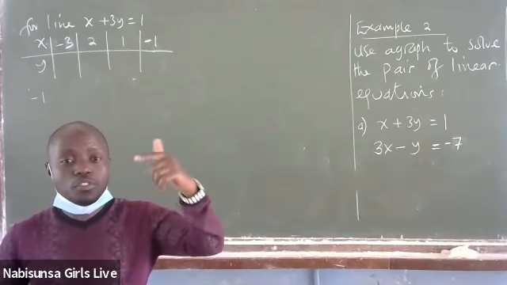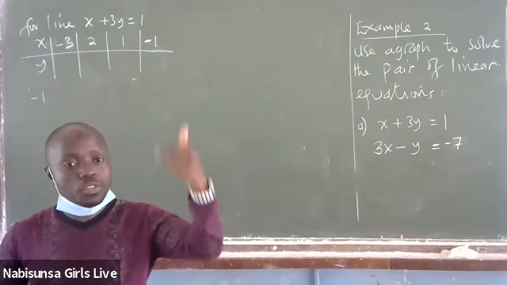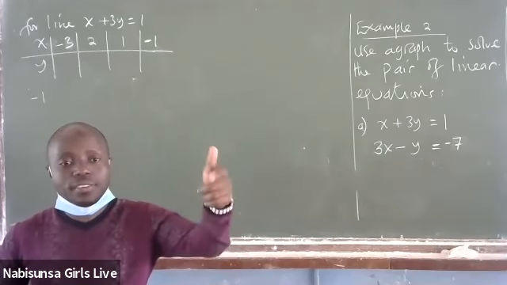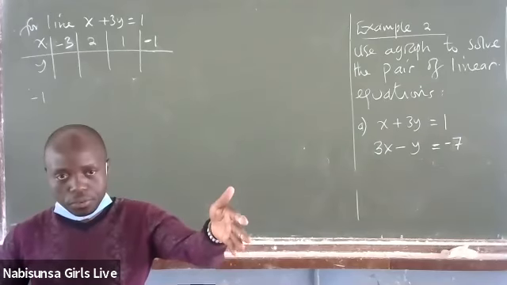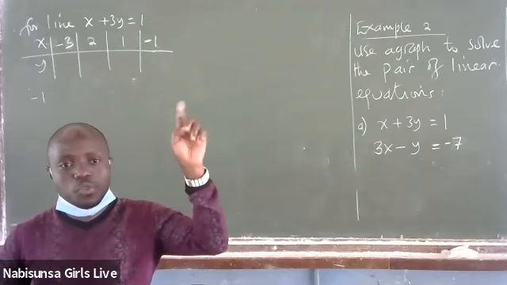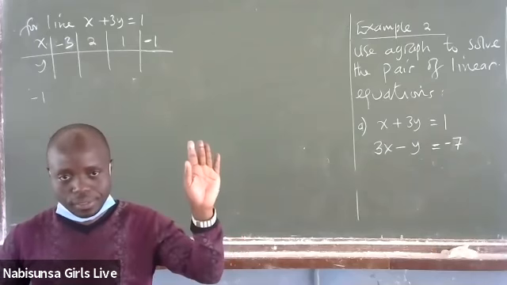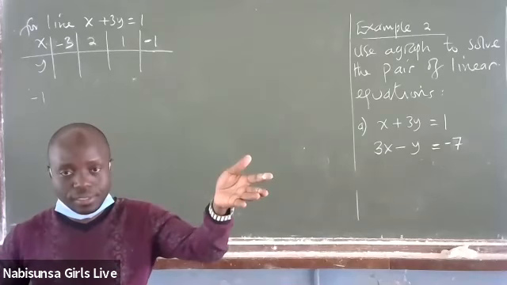So as you're choosing your values of x, make sure you don't end up with numbers that will give you fractions. So it means our choices of -3, 2, 1, and -1 are not the best. So we are going to adjust.